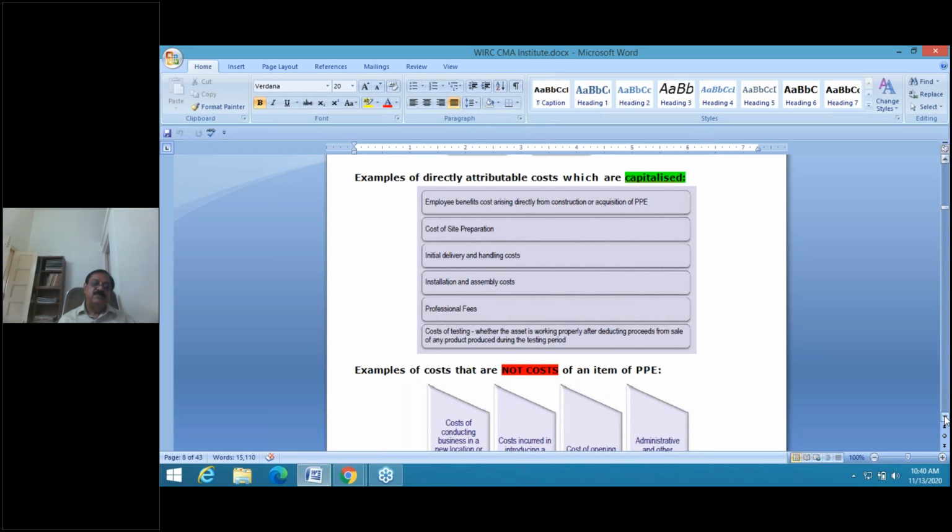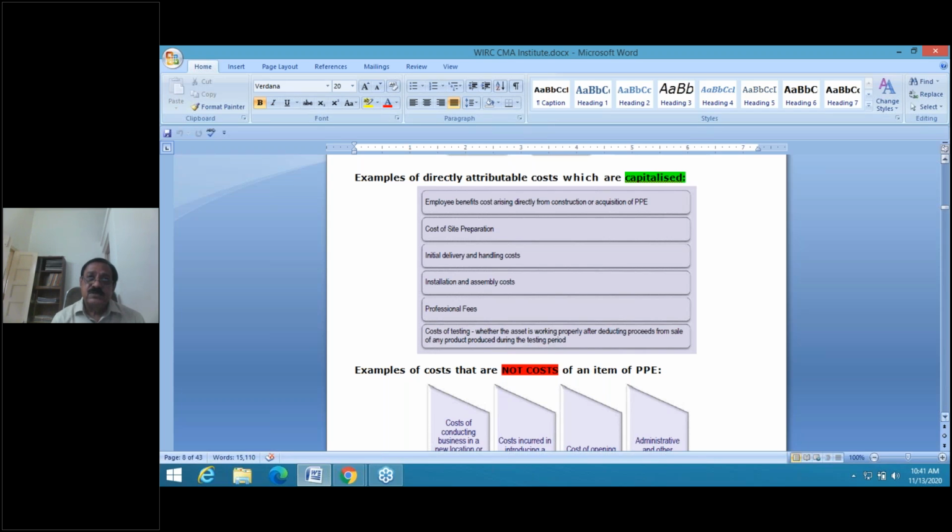Then cost of site preparation, then initial delivery and handling cost, installation and assembly cost, professional fees, cost of testing, that is whether the asset is working properly after deducting proceeds from sale of any product produced during the testing period. Means in this last heading, cost of testing, trial run production expenses are to be included.